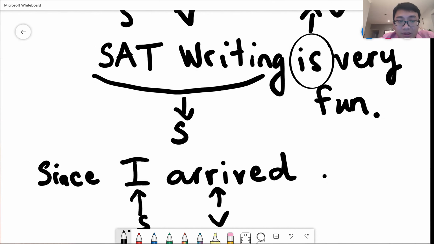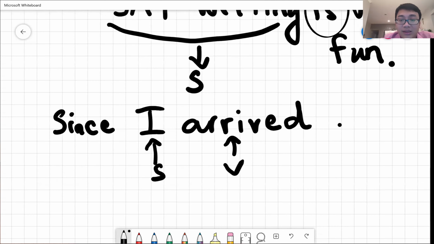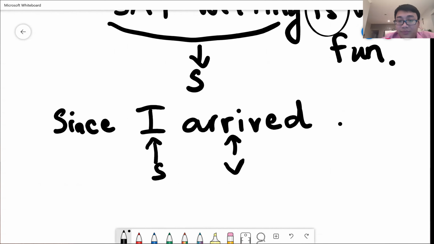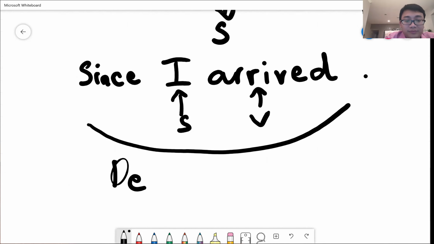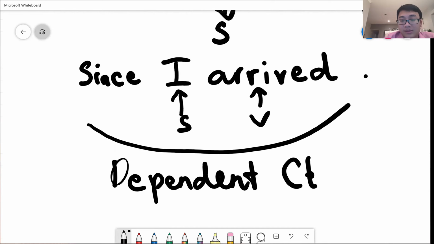No. It says, since I arrived. Well, since I arrived, what? You need something else to complete this thought, am I right? So this is not an independent clause. It cannot stand on its own. It needs something else. And basically, a clause with a subject and a verb that needs something else is called a dependent clause, because it depends on something else.